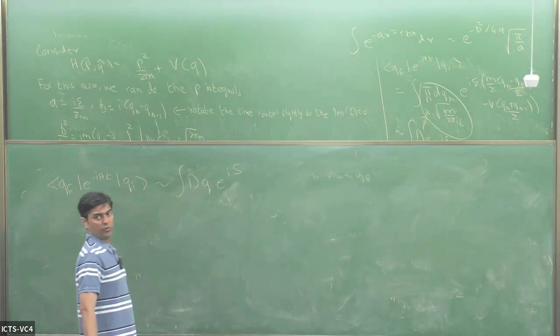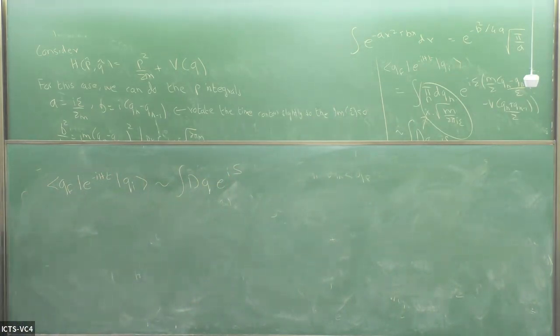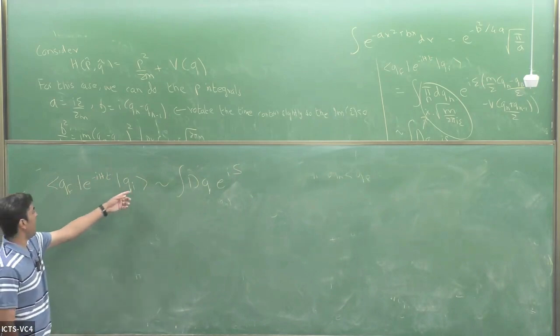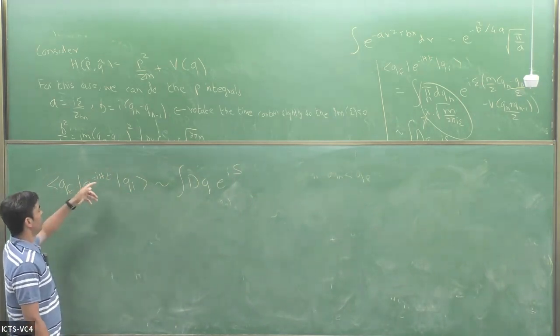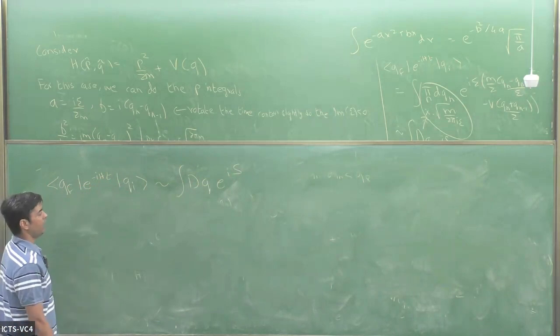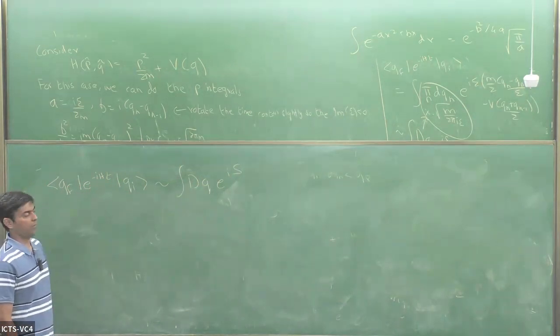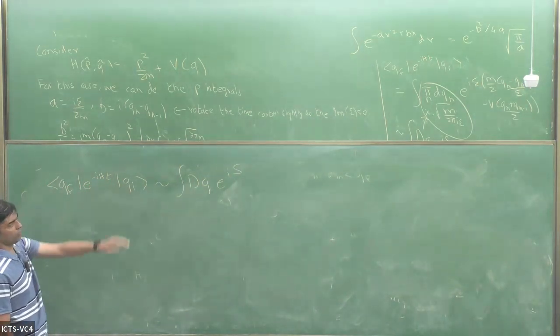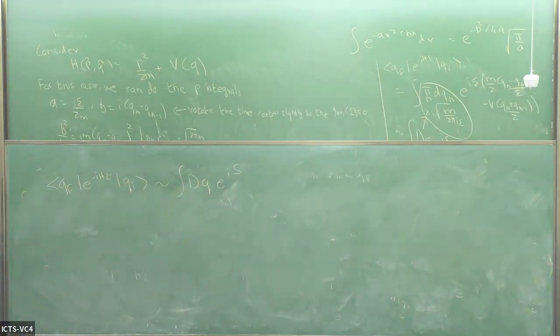So this was the formula that we just derived. This integral is done over all paths which start at qi and end at qf in a time t, and you have to integrate over the action for such paths. What that measure dq was, we wrote in the previous slide. Okay, good. So this is the answer for this.